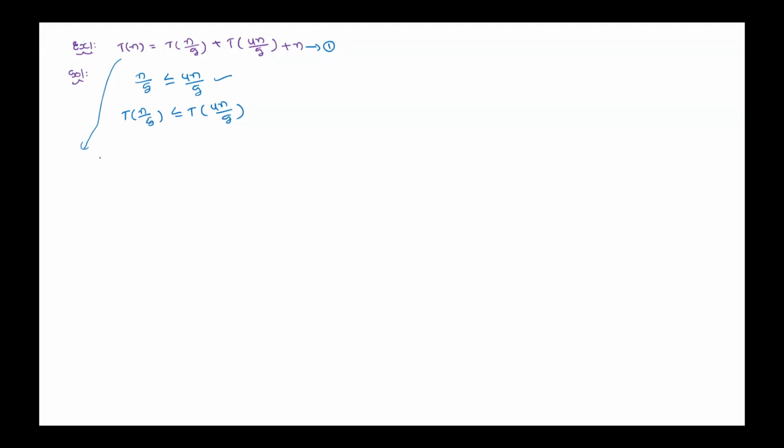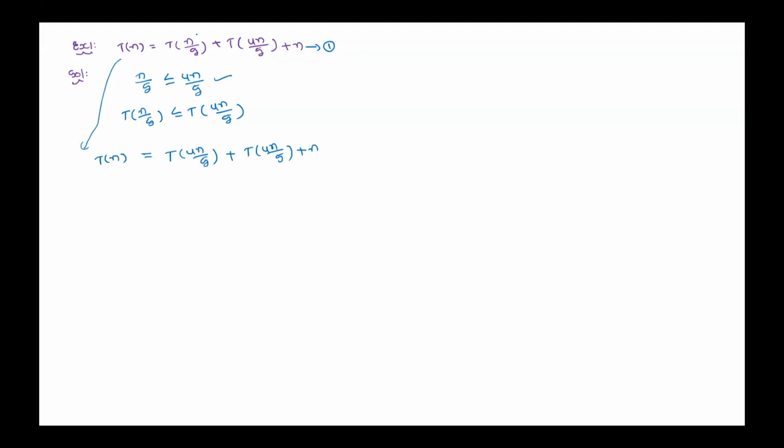Then what do we get? T of n is, I am going to replace T of n by 5 with T of 4n by 5, plus already T of 4n by 5 is there, plus n. Is this correct?